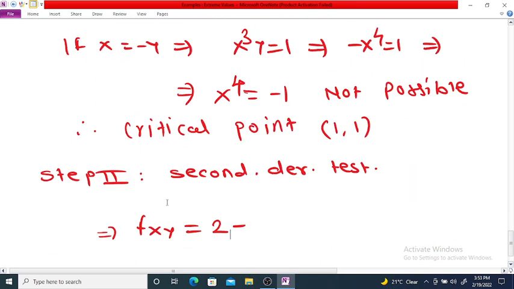So minus times minus becomes plus 4/(x³y).